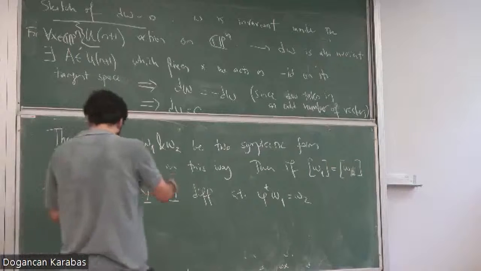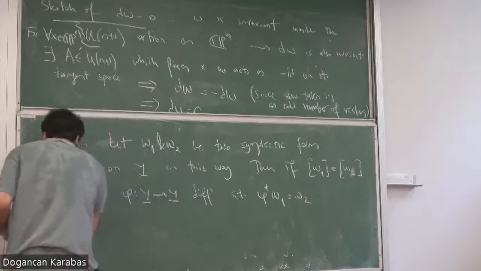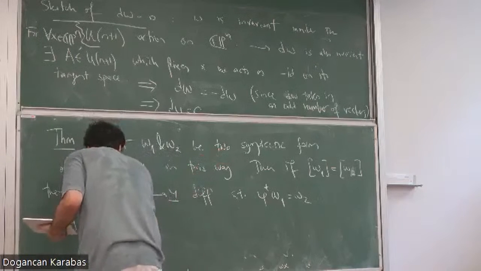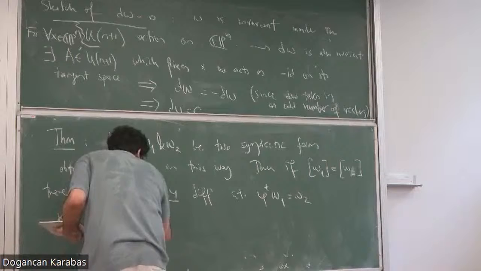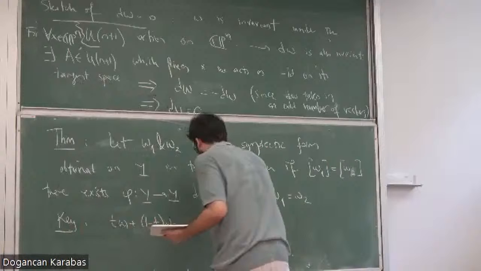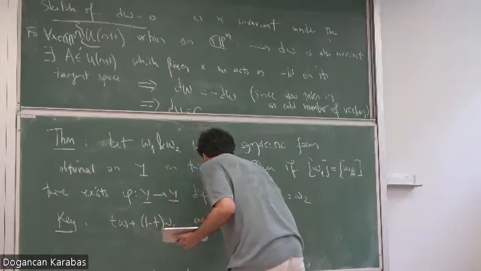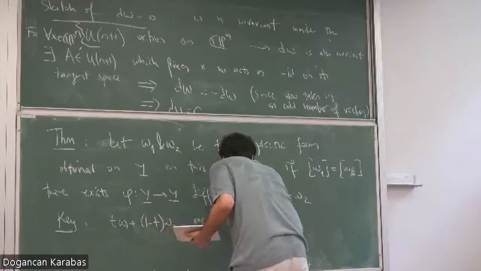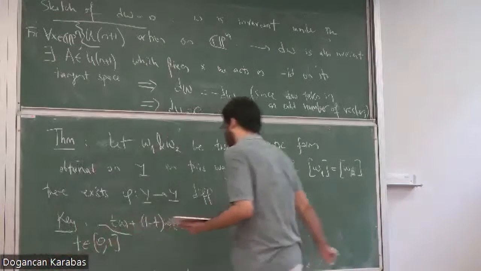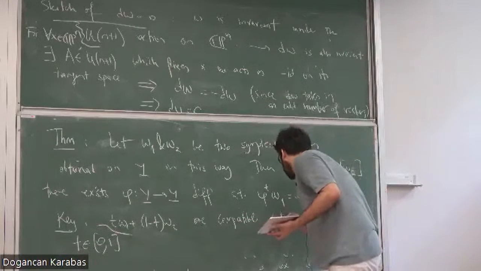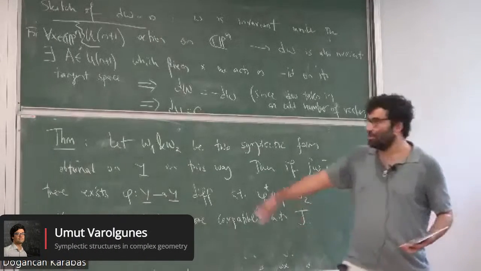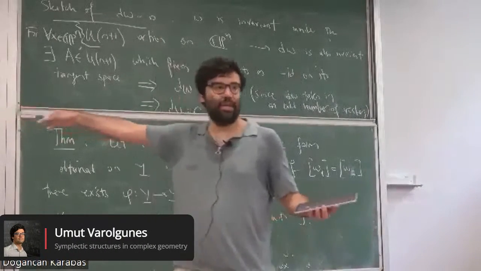The key to this theorem is it's a Moser argument, but the key is that you can interpolate between these two. If you consider t omega 1 plus (1 minus t) omega 2, these are all compatible, where t is between 0 and 1, with my J. I'm still considering a complex manifold, so there's still this J lying around.